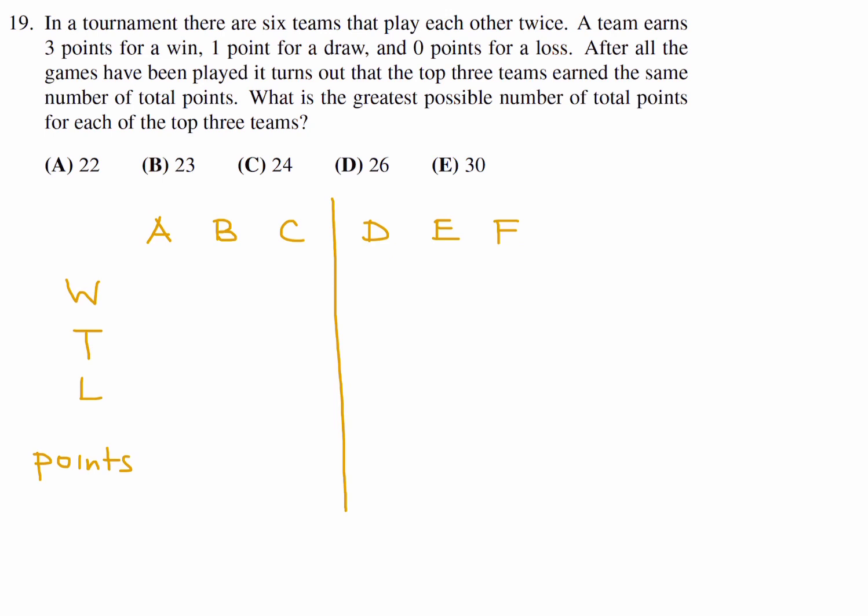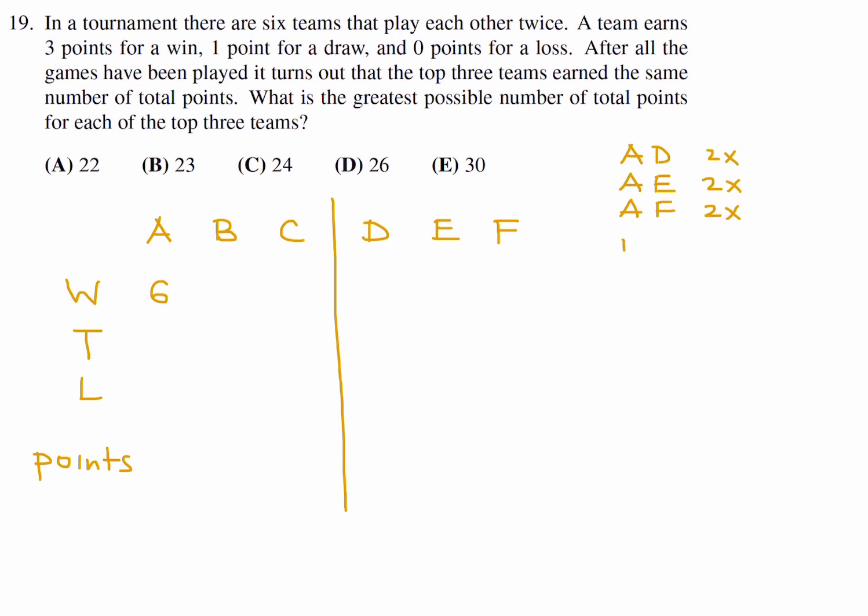So A beats D twice because they played twice, and then plays E twice, and then plays F twice. So there's 6 games that A plays against D, E, and F, right? A, D twice, A against E twice, and A against F twice. And let's say that A wins all of those 6 games, so wins is 6.